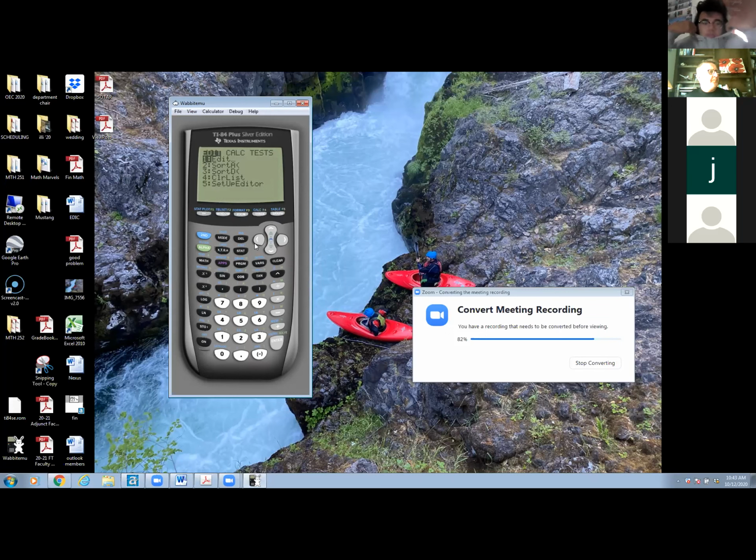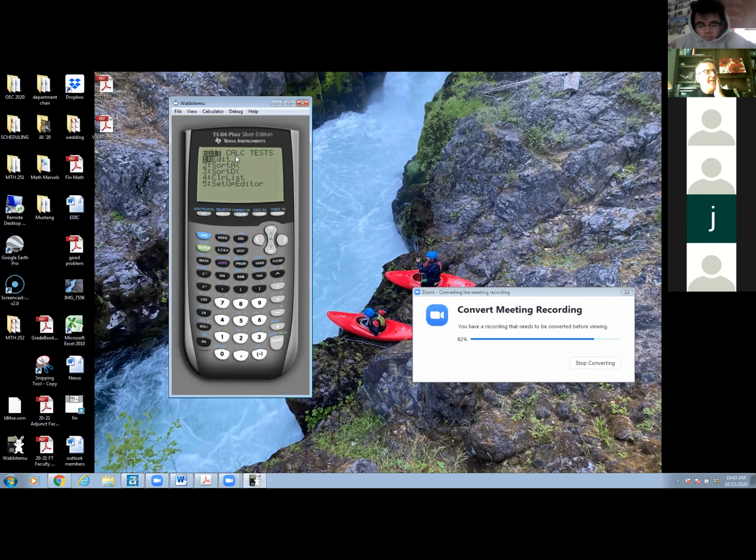Yeah, thank you. So if you go to stat, there are 2 main options. You can edit or calculate. Again, maybe I'm telling you something you already know. I hope I am. I'm going to go down to clear list because maybe I have numbers in there from before. I'm going to say clear list, and it says, okay, what do you want to clear?